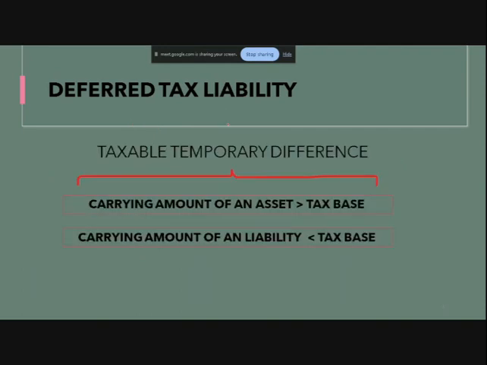Now, taxable temporary difference is basically the difference between these two. The first case is the carrying amount of an asset being greater than the tax base. Let me give you an example. In our accounts, the carrying amount of an asset is, let's say, 30,000.